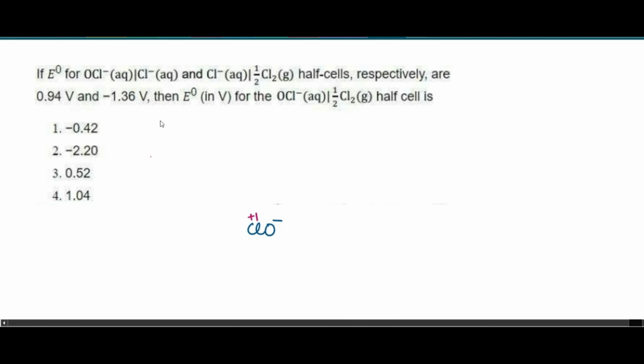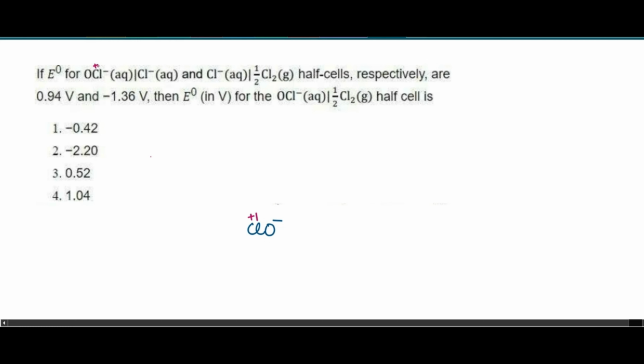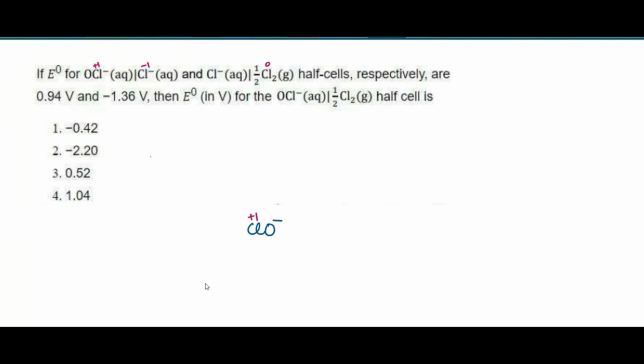Okay. There is a transition between Cl in plus 1, Cl in minus 1, and Cl in 0 oxidation state. Now, this transition, you can solve this by Latimer diagram, very easy. Now, I'll show you how this can be done.